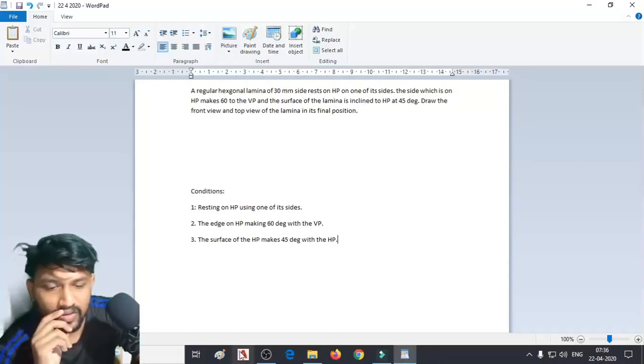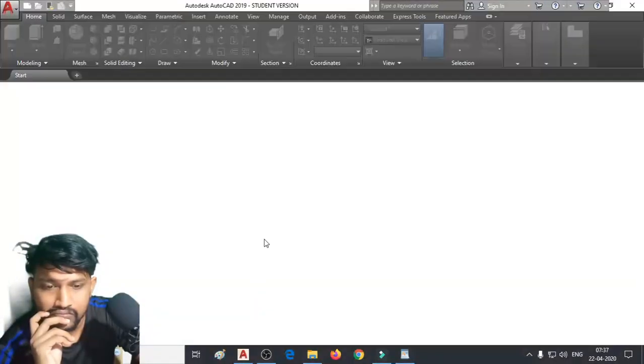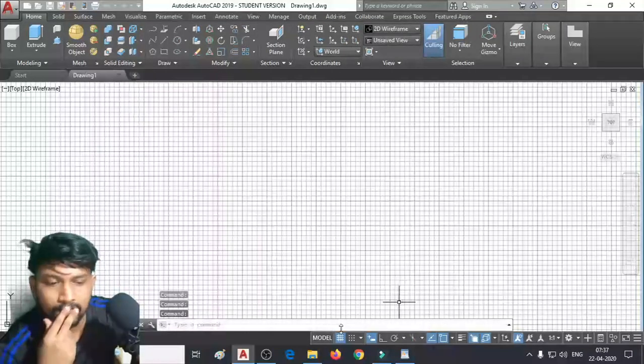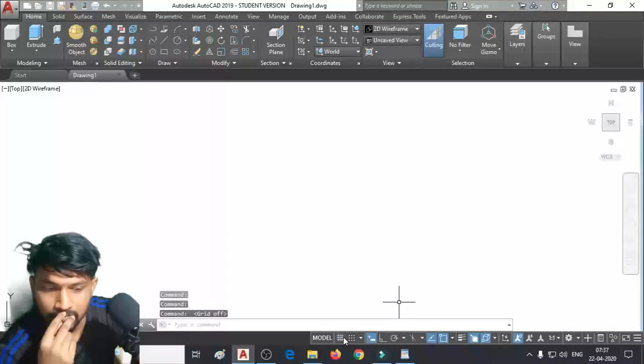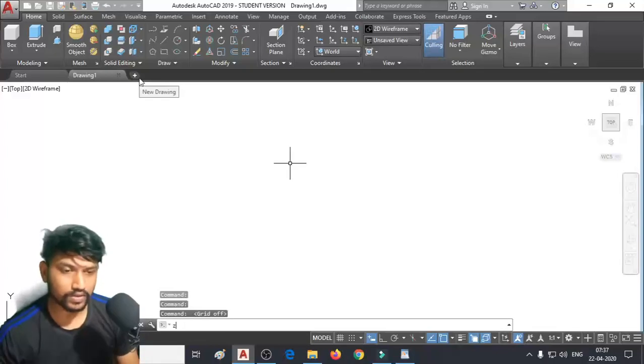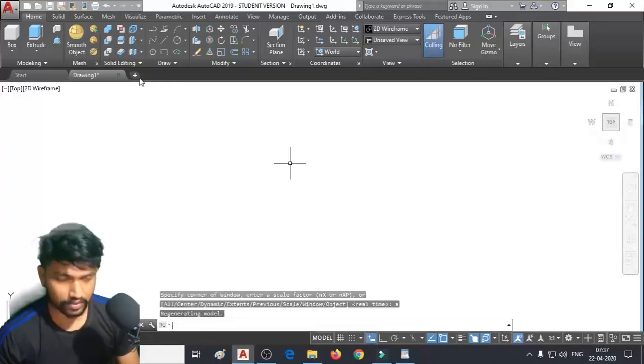So let me open AutoCAD. First thing is, we need to zoom it in all the way.